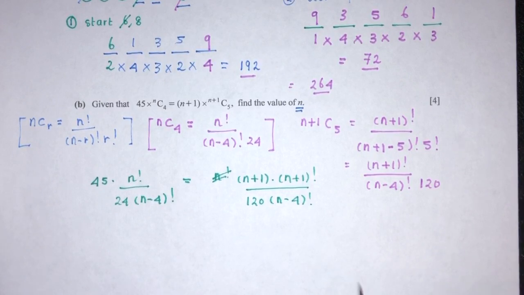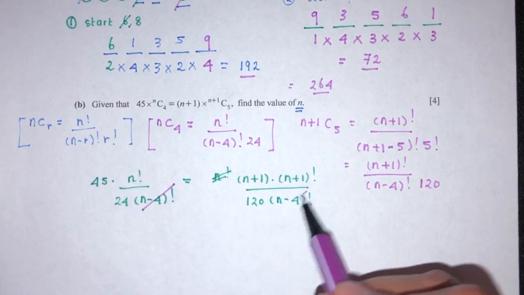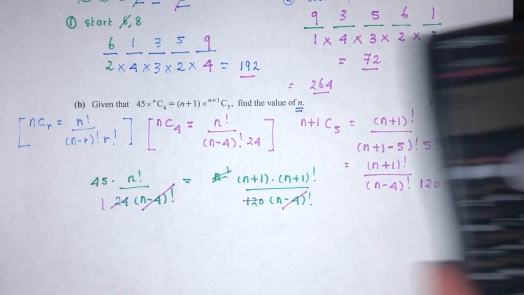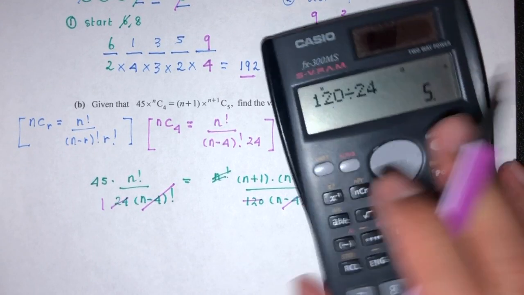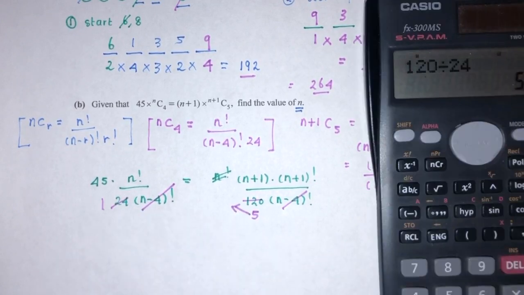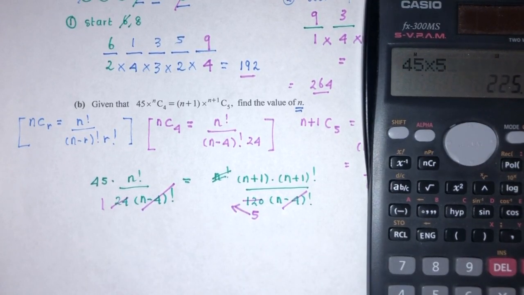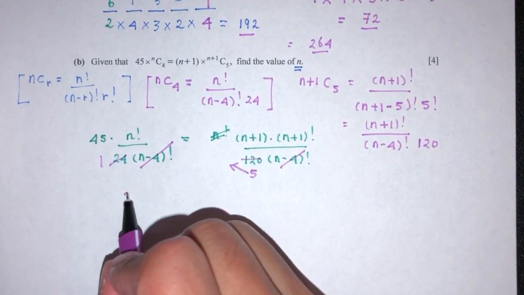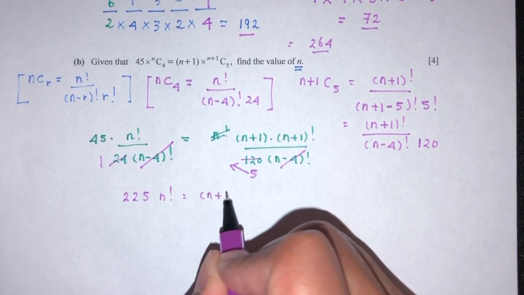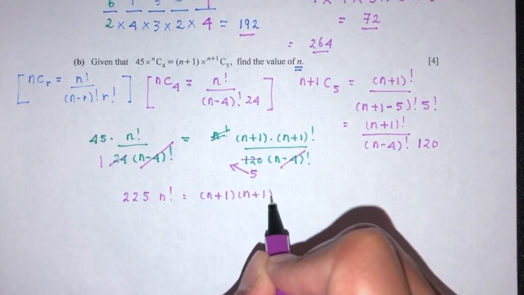Now simplify. So these two will cancel out, obviously. Divide by 24 on both sides, this will become 1, and this will become what? 120 divided by 24, that will be 5. Then we can just cross multiply, send this on top. 45 times 5, that will be 225. So 225 n factorial is equal to n plus 1 times n plus 1 factorial.